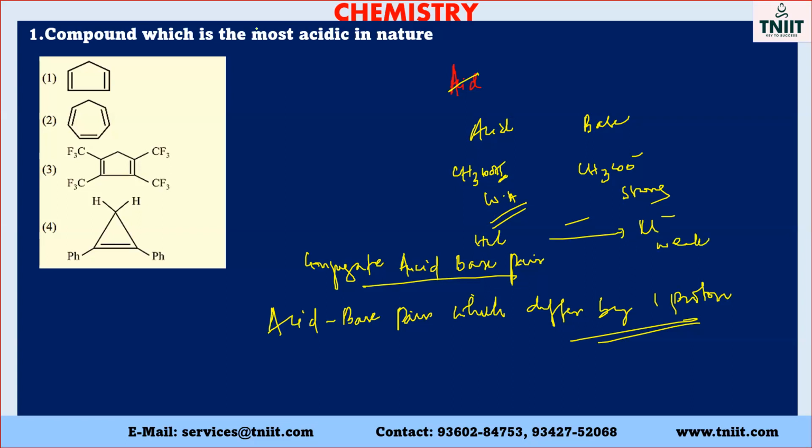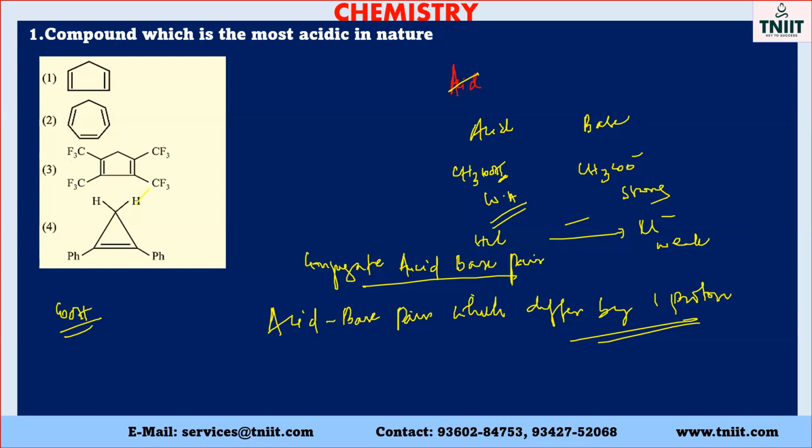Now, the question here is: among the compounds, which is the most acidic in nature. Now you can understand that none of the molecules contains a carboxylic acid, COOH. So no molecule is an acid here, but they have acidic nature. So the most acidic nature will be based on the conjugate base. Now fluorine atoms are there.